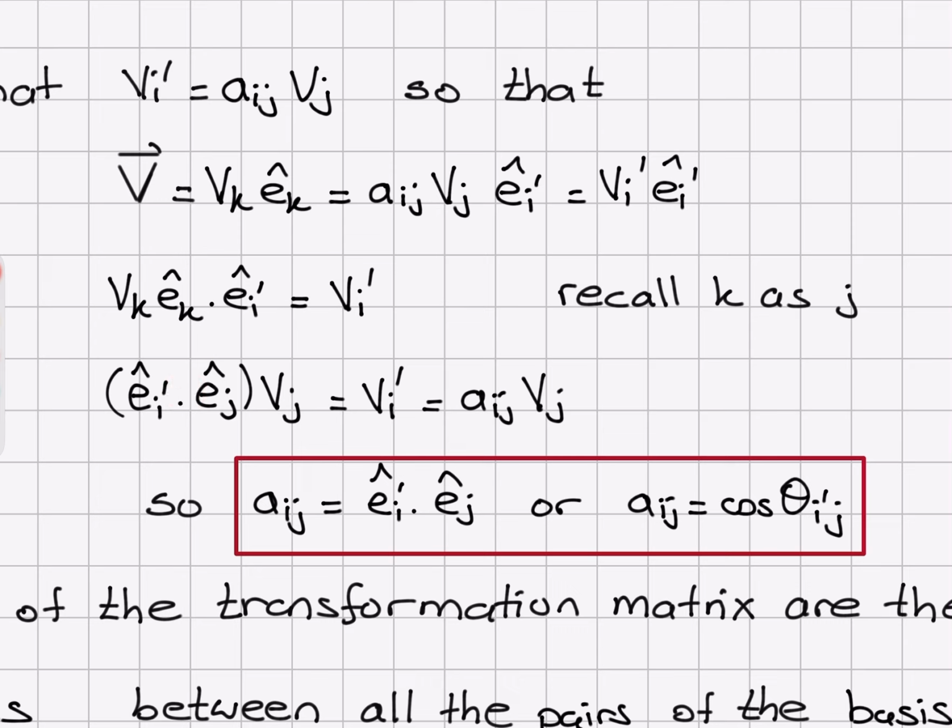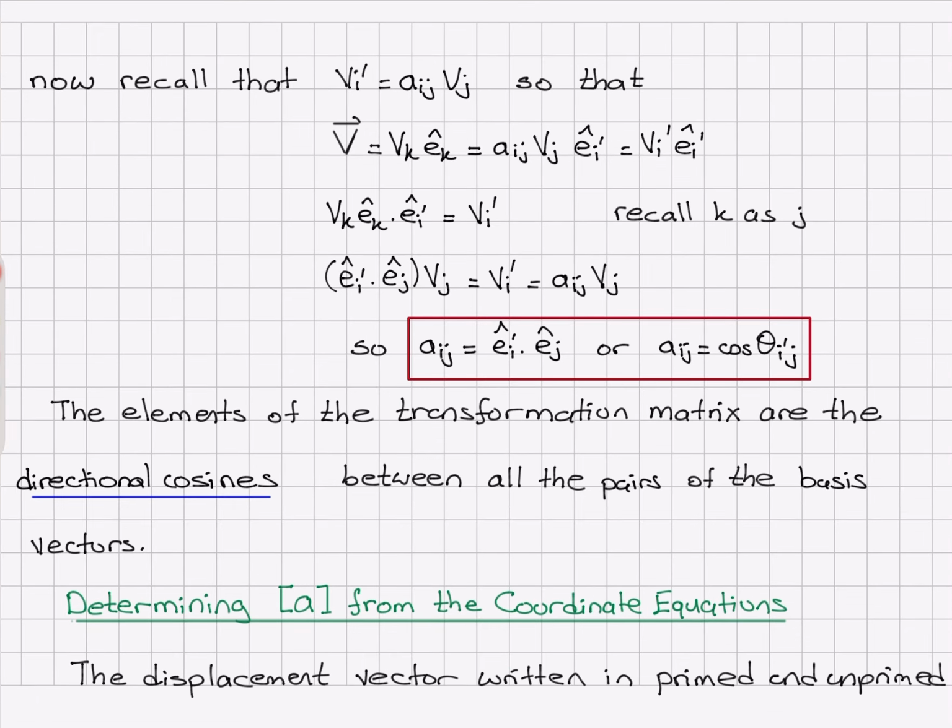And this is A_ij v_j, that's giving us v_i prime, so the matrix elements are e_i prime hat dot product with e_j hat, or they are directional cosines, cosines of the angles between the ith and jth elements of the primed and unprimed unit vectors.